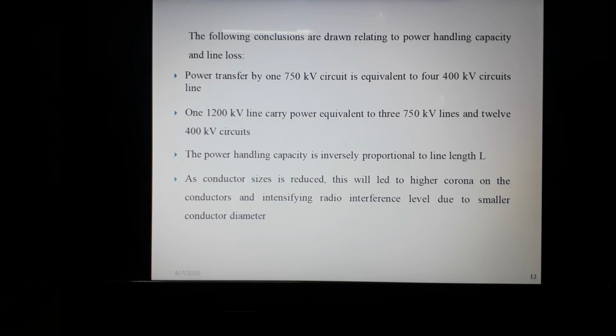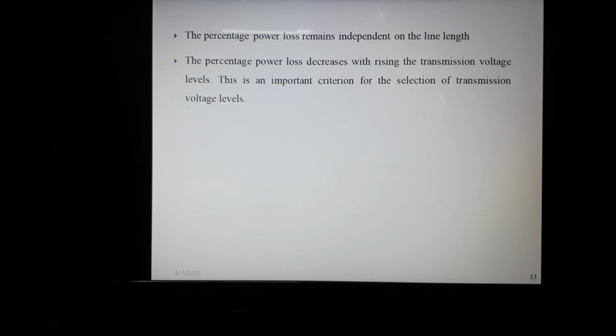The power handling capacity is inversely proportional to the length of line. As the conductor size is reduced, this will lead to higher corona on the conductors and intensify radio interference level due to the smaller conductor.